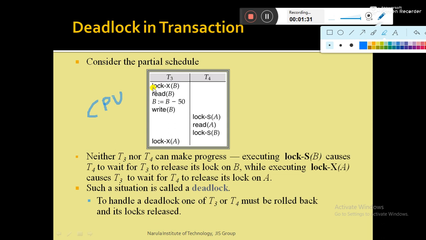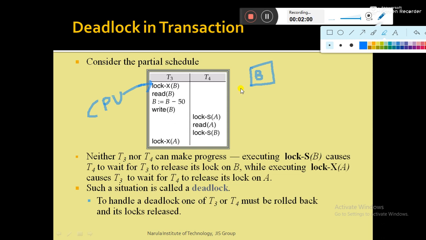Now the CPU starts from T3, so the CPU will first execute the transaction T3. Lock X(B) means there is a data item B, and transaction T3 makes a lock request on B in exclusive mode lock. So what happens? There is a component, the concurrency control component.